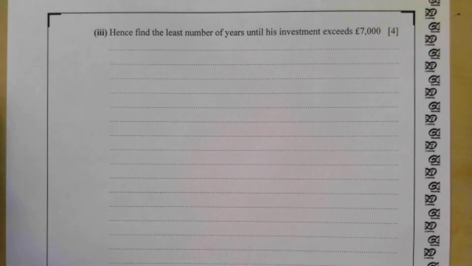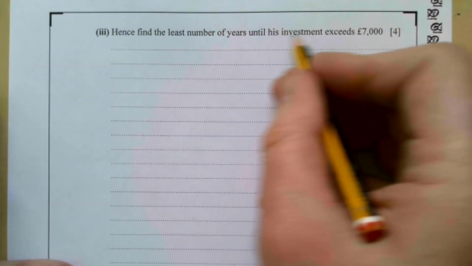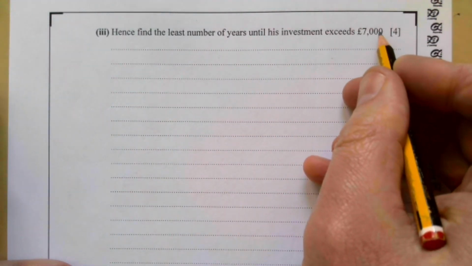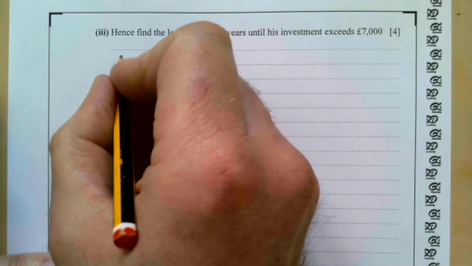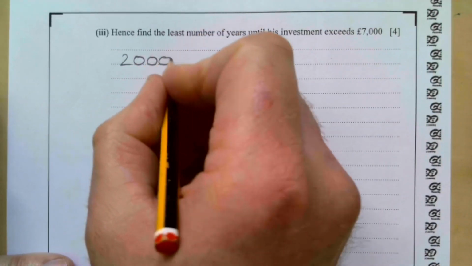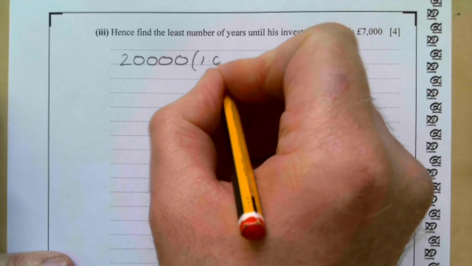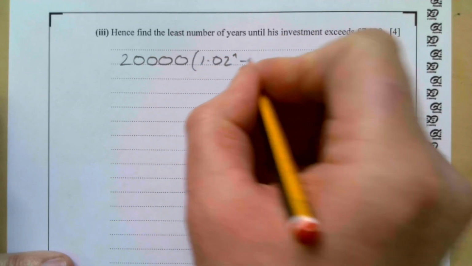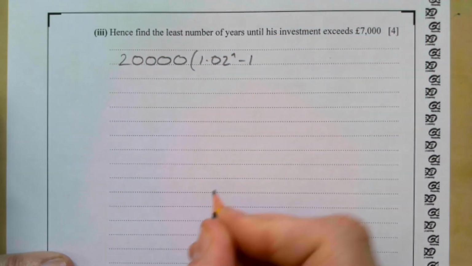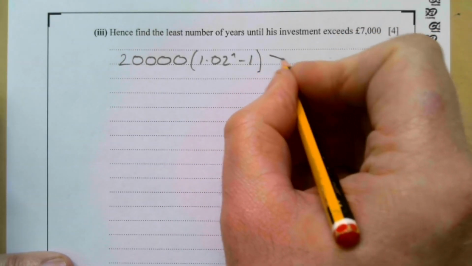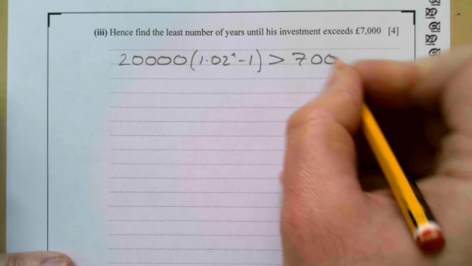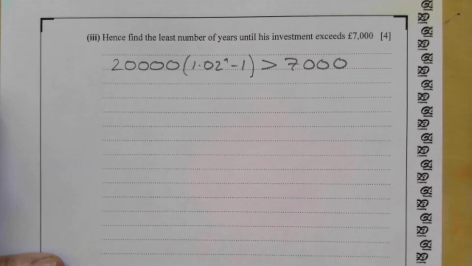It says, hence find the least number of years until his investment exceeds £7,000. So hence obviously means using what you've just worked out. So it's our 20,000 times 1.02 to the power of n minus 1. What value of n makes that bigger than 7,000?